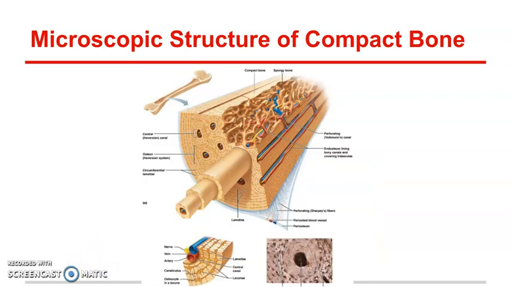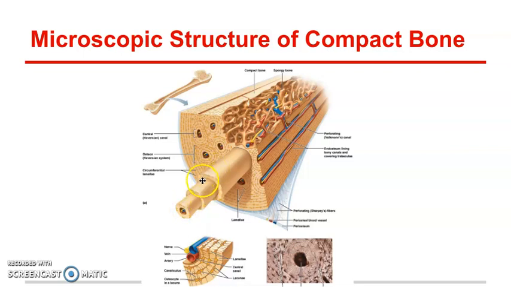The structure of compact bone is so cool. It looks like a bunch of tree trunks that have been kind of bundled together. And so each of these tree trunks, you can see these rings, is called an osteon. At the center of the osteon is a central canal, and these rings are called lamellae.